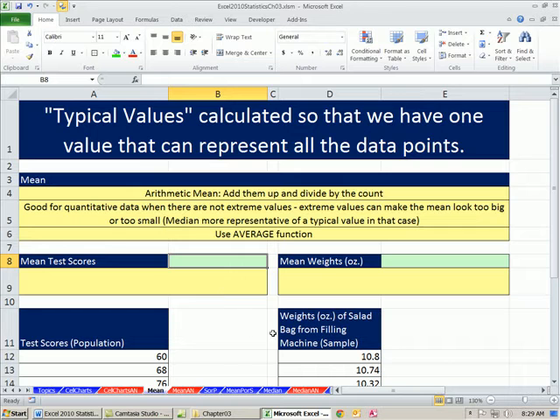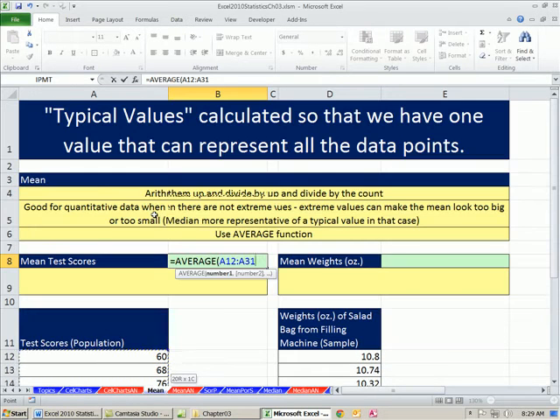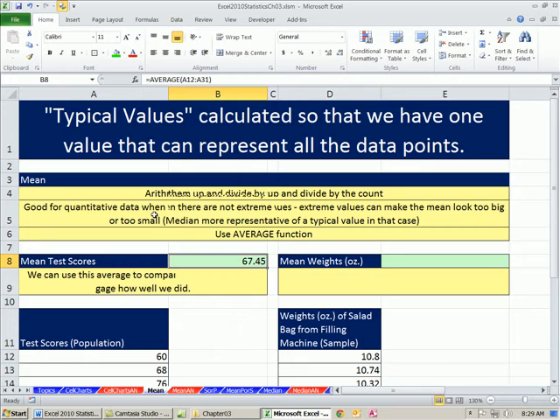All right, let's calculate our mean test scores, average. So I create my formula. I click there, Control Shift down arrow, and then Control Enter. All right, so 67.45. The teacher comes in and says, the average on test number 2 on probability is 67.45.